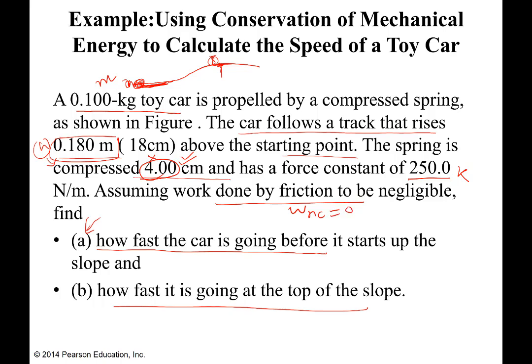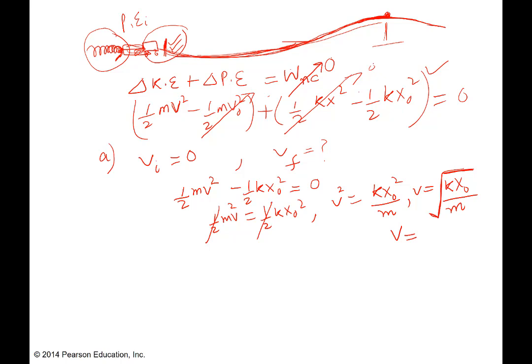Now we go back to our work. Now we know the numbers. Go ahead and find your v. Once you substitute k, x, and the mass, you should get 2.00 meters per second. I will pause for a little while for you to finish the work, then I'll get to part B. What is part B saying?